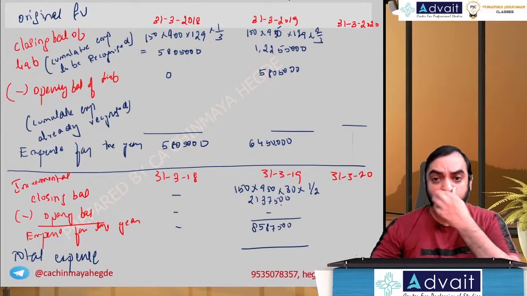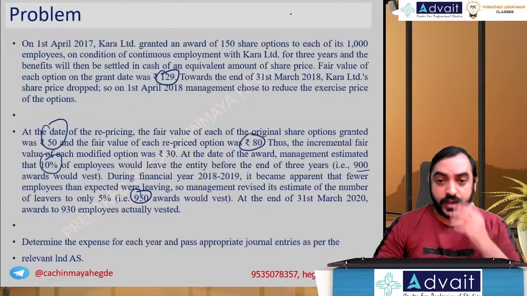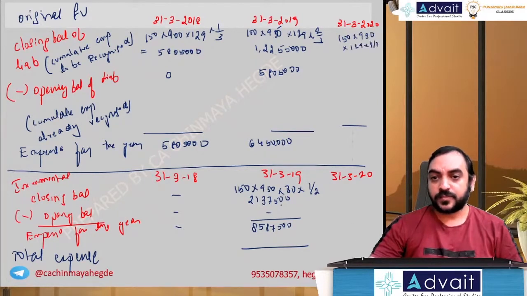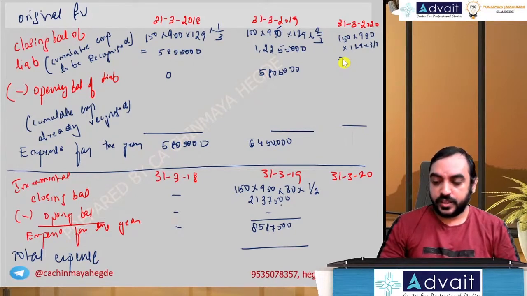85,87,500. Similarly, I quickly do for the third year. Finally, how many people have vested? 930 have vested. 150 options, 930 multiplied by 129 into 3 by 3. So 150 into 930 into 129 is 1 crore 79,95,500.